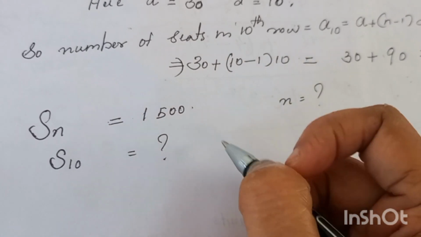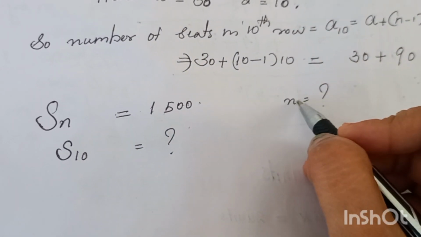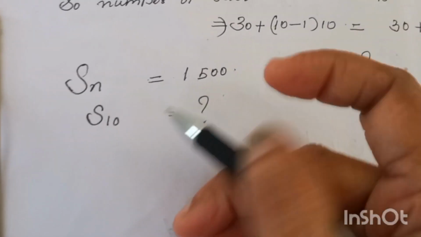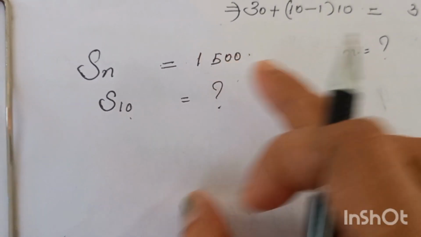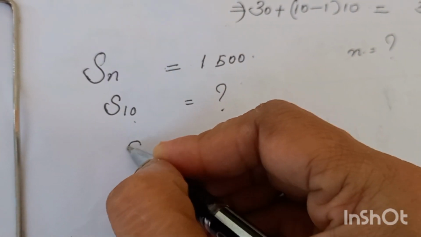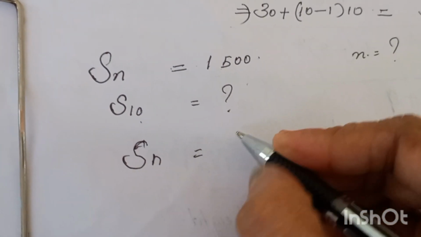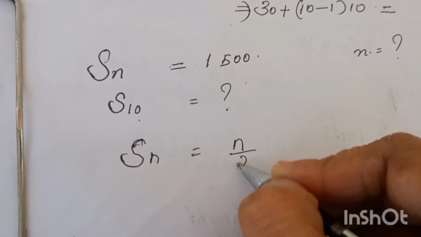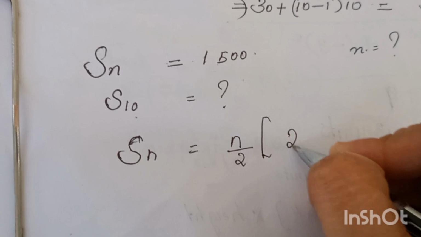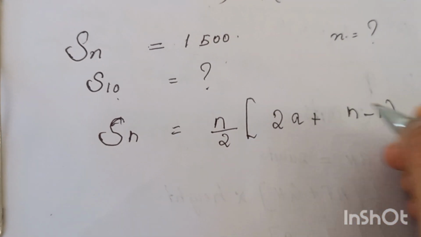Then Sn, the sum, is already given. So we have to find n. Then afterwards we have to find the 10th. After finding n, we have to find the 10th. The general formula is Sn is equal to n by 2 into 2a plus n minus 1 into d.